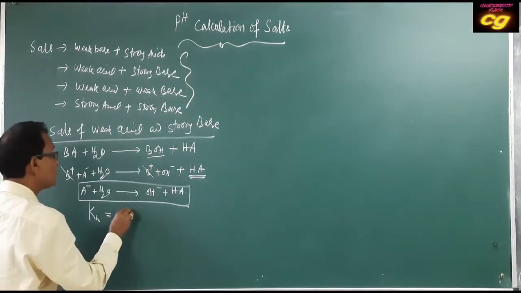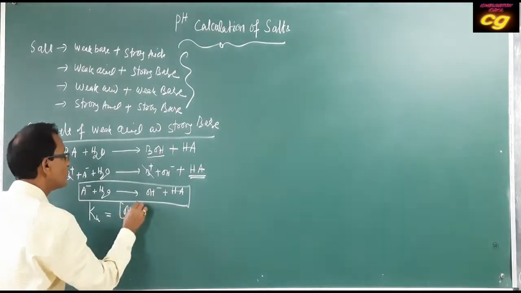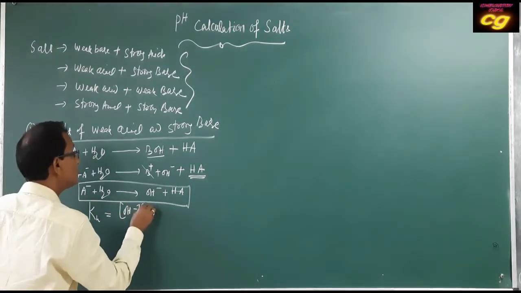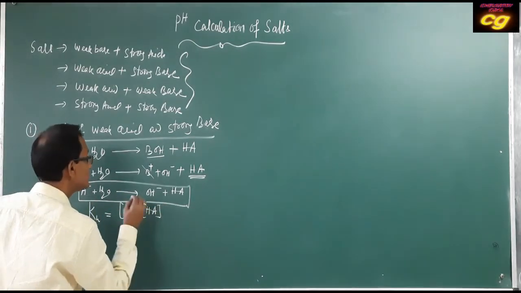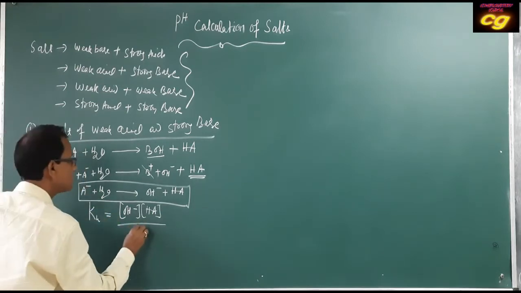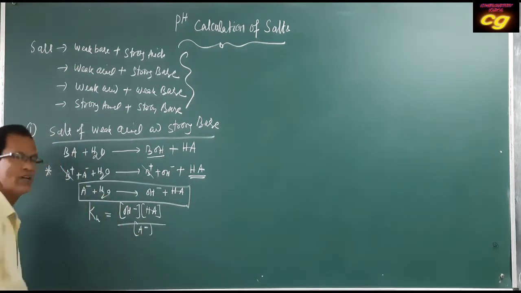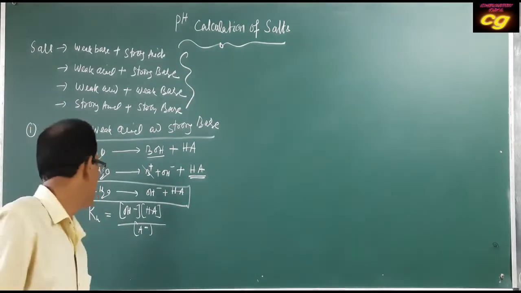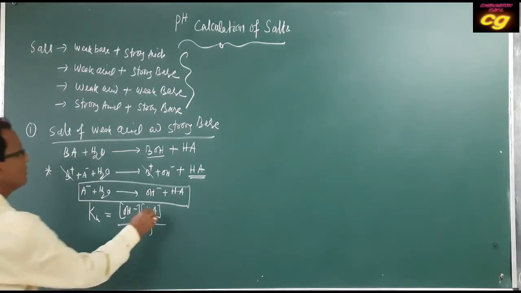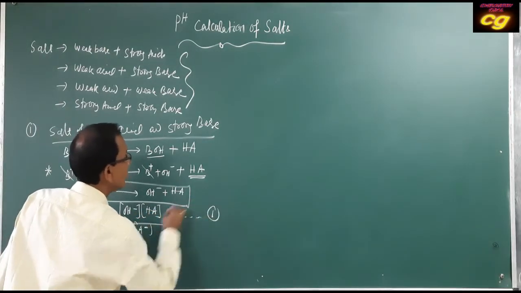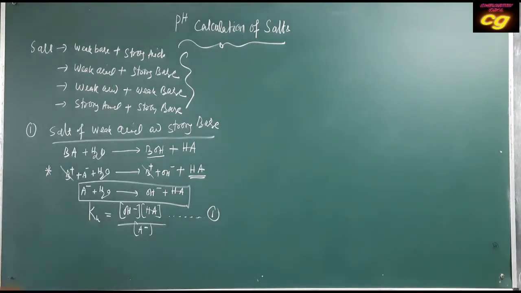Kh is equal to the molar concentration of OH minus into the concentration of HA upon A minus. Here water is taken as constant. Suppose this is equation 1; this expression is the hydrolysis constant of the salt of weak acid and strong base.